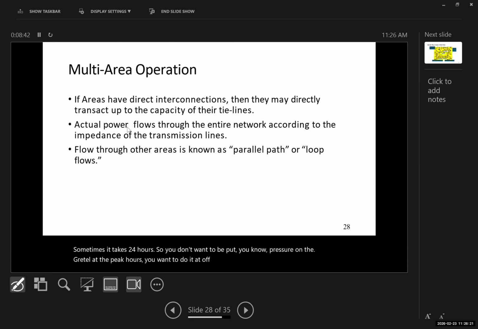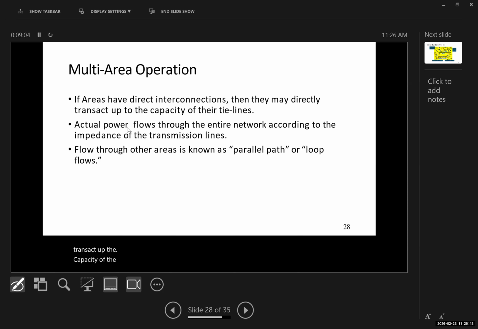Now, to address the issue of overloading the transmission, if areas have direct interconnection, we use multi-area operations. So if areas have direct interconnection, then they may directly transact up to the capacity of their tie lines.